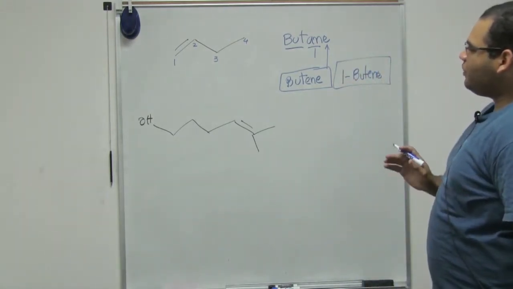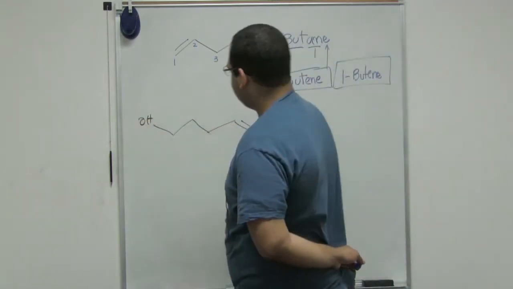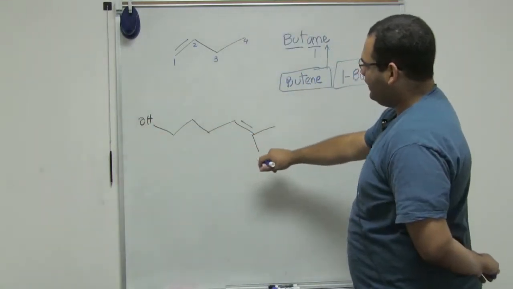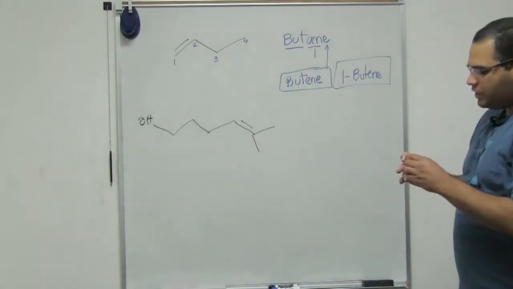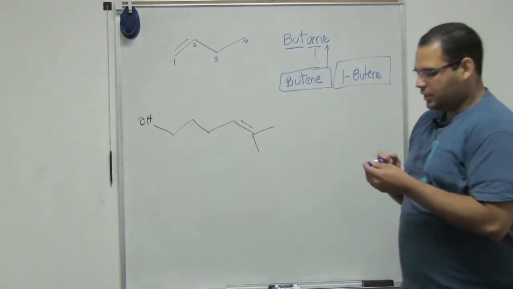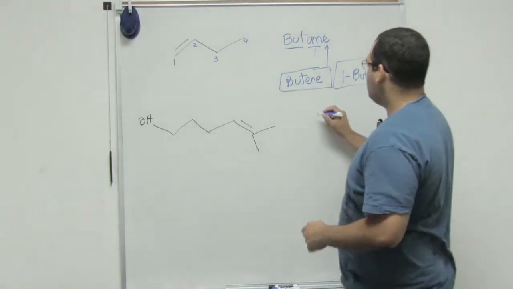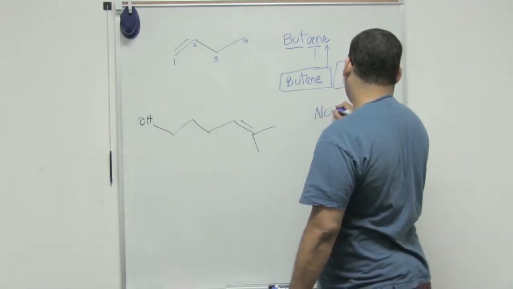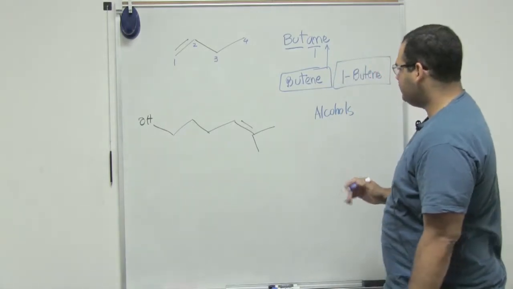Now we go to a question where I have an alcohol, I have a double bond, and I have some carbons that have only single bonds. So we need to follow an order of functional group preference. So alcohols at this point have the highest priority.